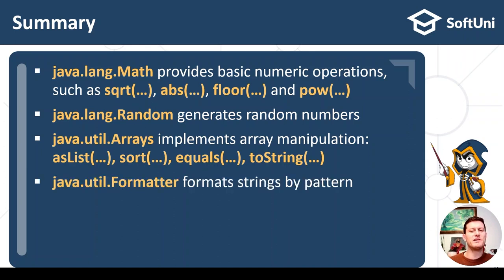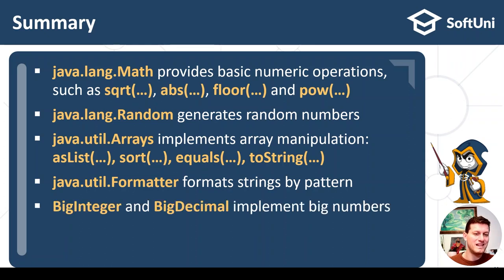Java's Formatter is used by System.out.printf and String.format, and you can have %d, %s, and other format strings, and you can format by patterns. BigInteger and BigDecimal implement big numbers, and you should be aware that they can work with many digits and calculate, for example, 50,000 factorial.